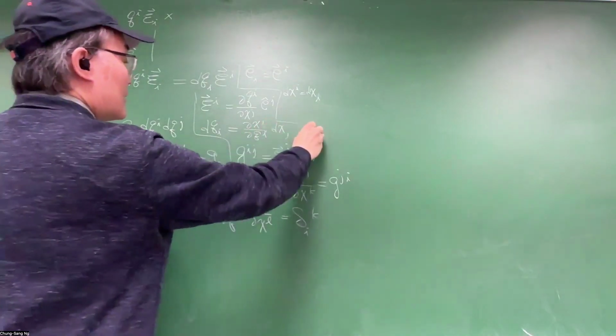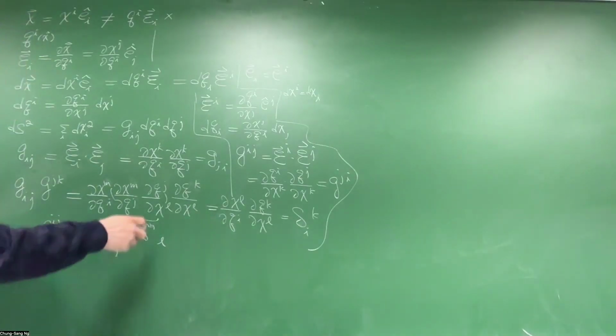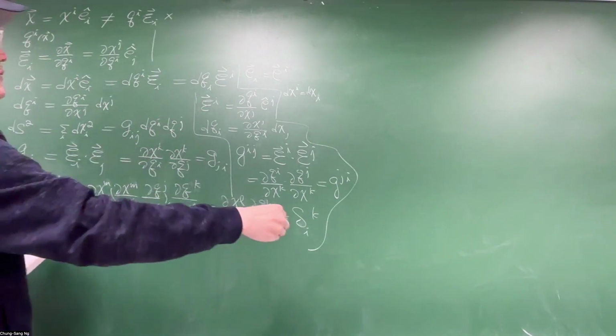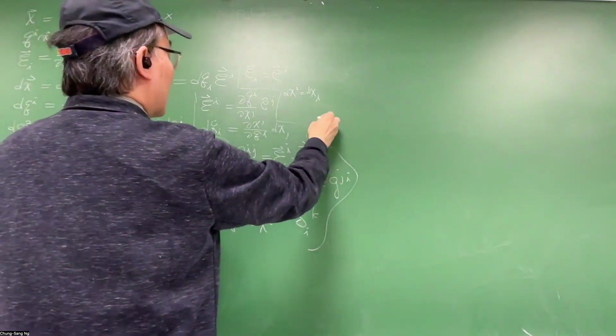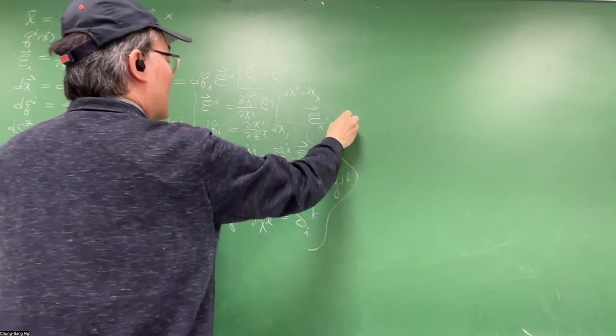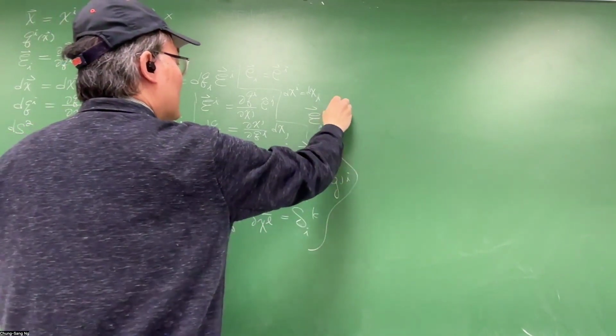So first you notice the property of these two bases. You write the dot product of the subscript one and the superscript one.